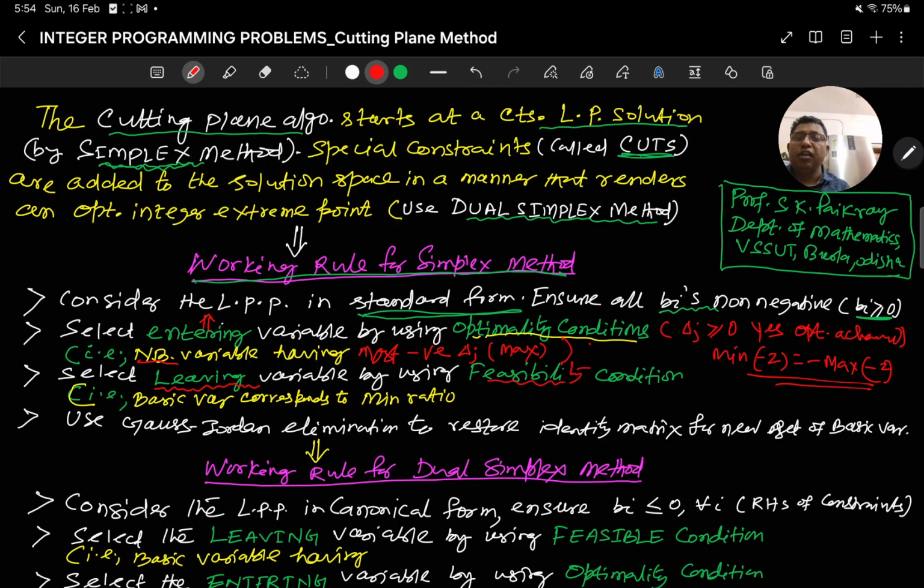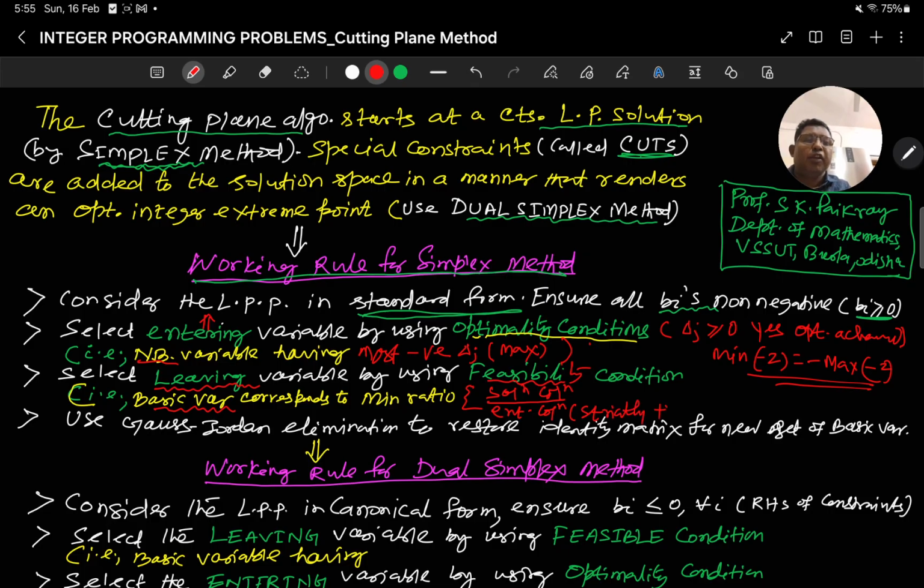This means the basic variable which will leave the base is subject to the minimum ratio of the solution column to the entering column, and here the denominator should be strictly positive.